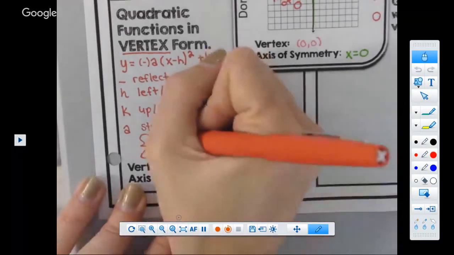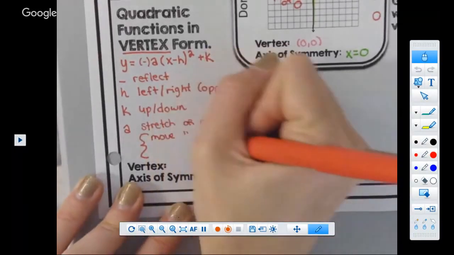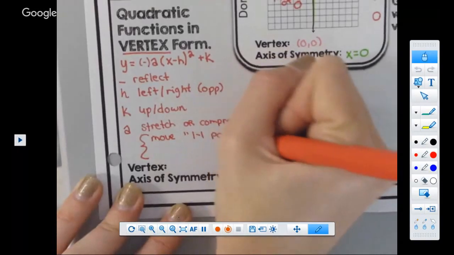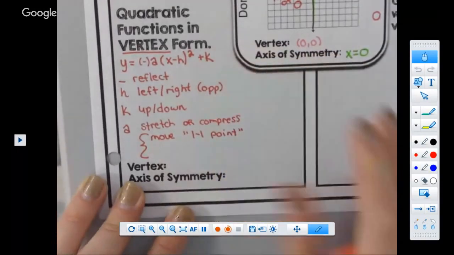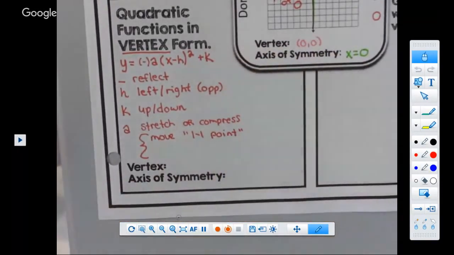What I'm going to say, it's going to move the 1, 1 point. The 1, 1 point is in just a second. It's kind of like slope, but only for 1 point. And after that, you can't use it like slope. Otherwise, you have these. We can't have these. We've got to have this parabola. We've got to have this curve.